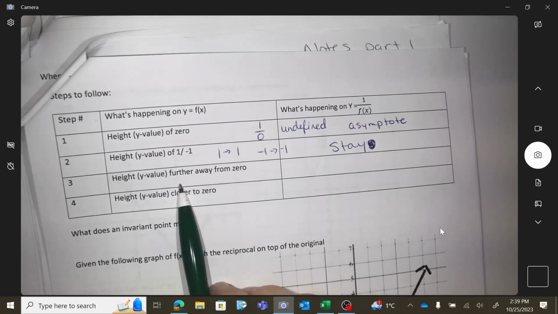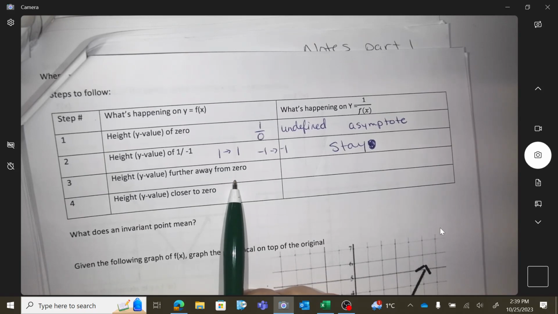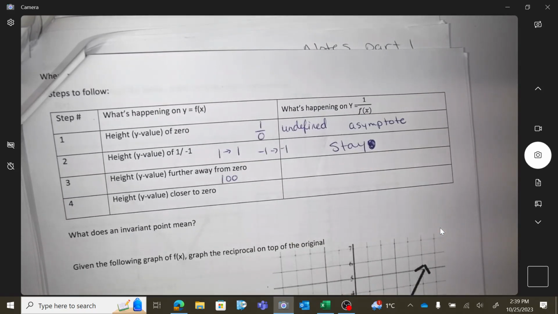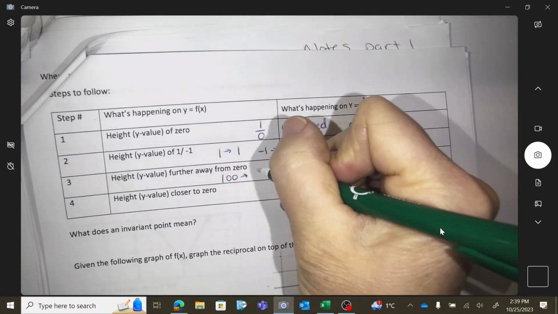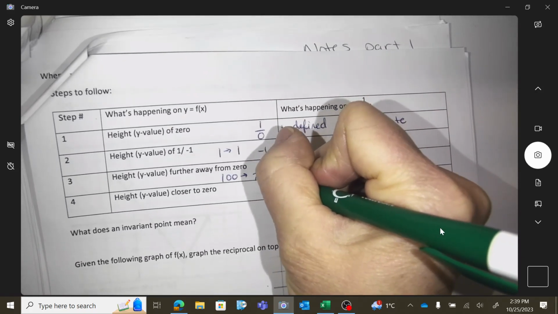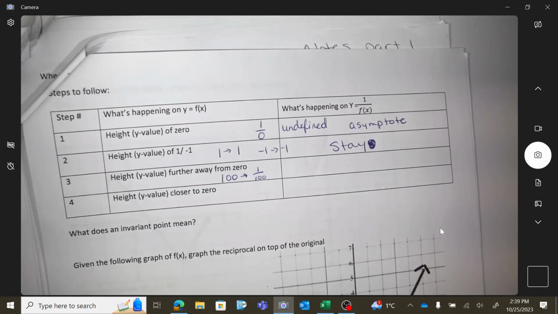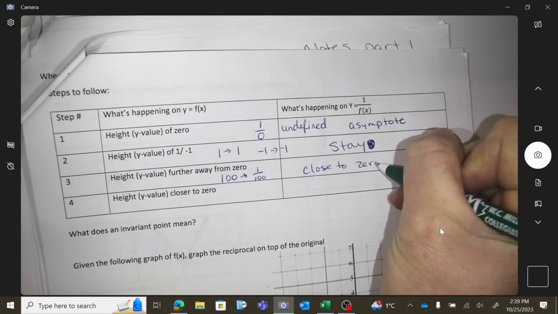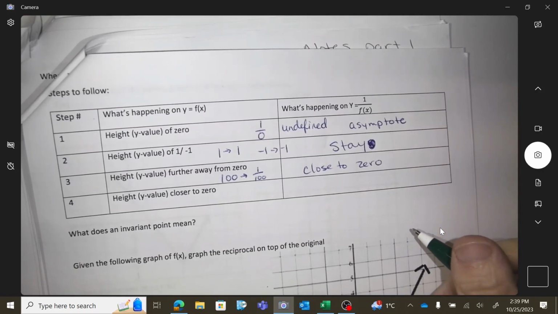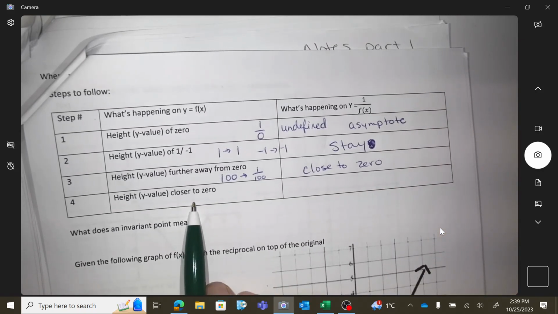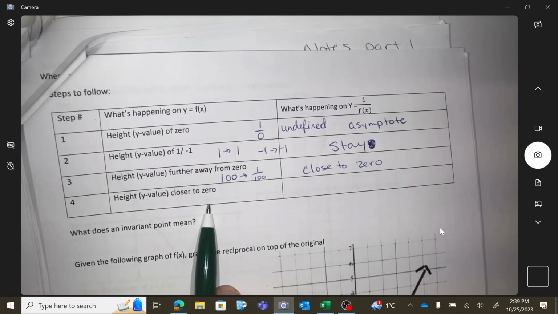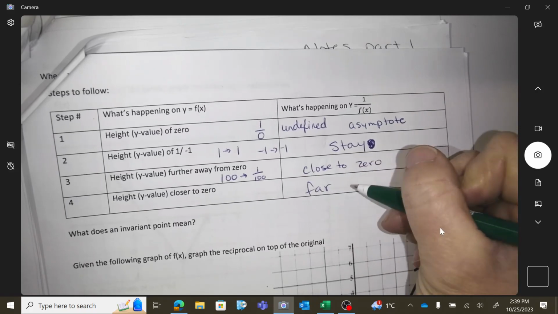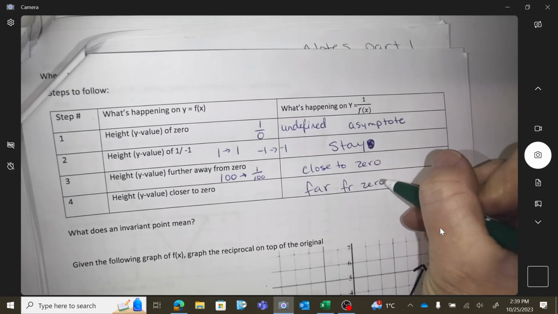If you have a height that's far away from 0, example 100 is really far away, what would 100 do? It would become 1 over 100, which would be really close to 0. And if you have a number that's really close to 0, what do you think it would do if you flipped it? It would go far from 0.